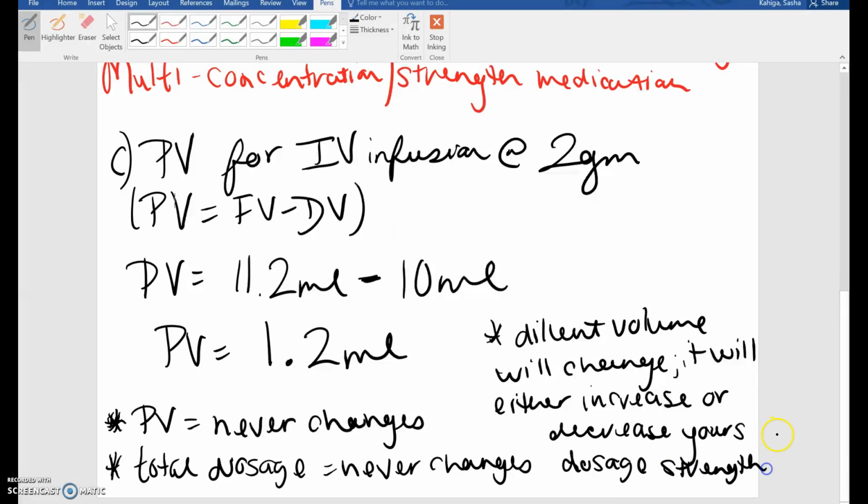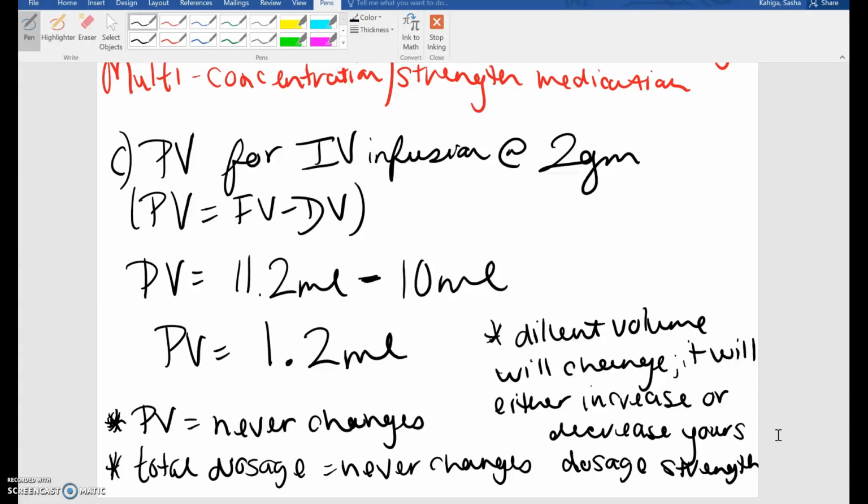Remember that. So, whenever you have a total dosage, and with that total dosage, if you're adding a diluent to it, you are going to change the dosage strength. All right.